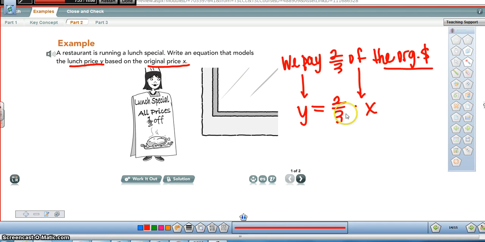This equation is in the form y equals mx, or m times x. We have y equals some number times x. 2/3 is our constant multiple, or our constant of proportionality.